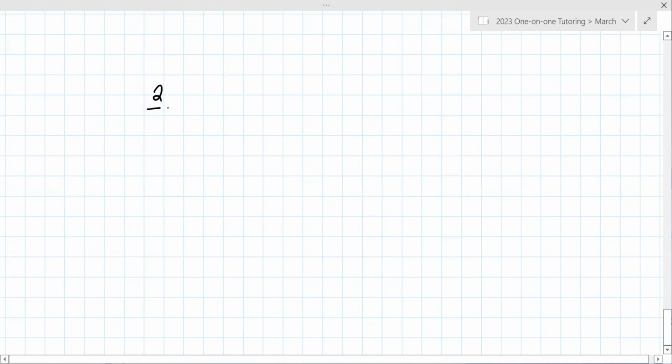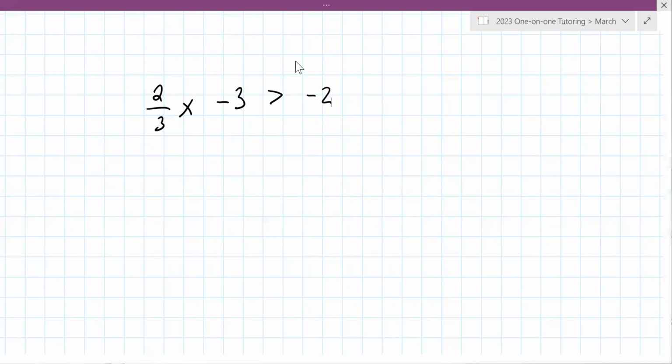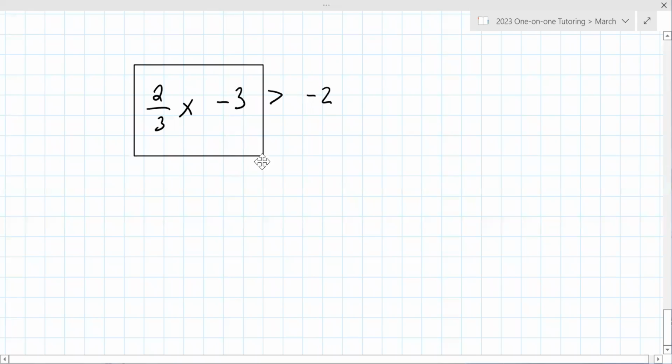Let's go 2/3 x minus 3 greater than -2. Okay, so I want you to tell me what to do to solve this. What should I undo first? And your focus is on the side with x. Don't even worry about the right. What should you do first?